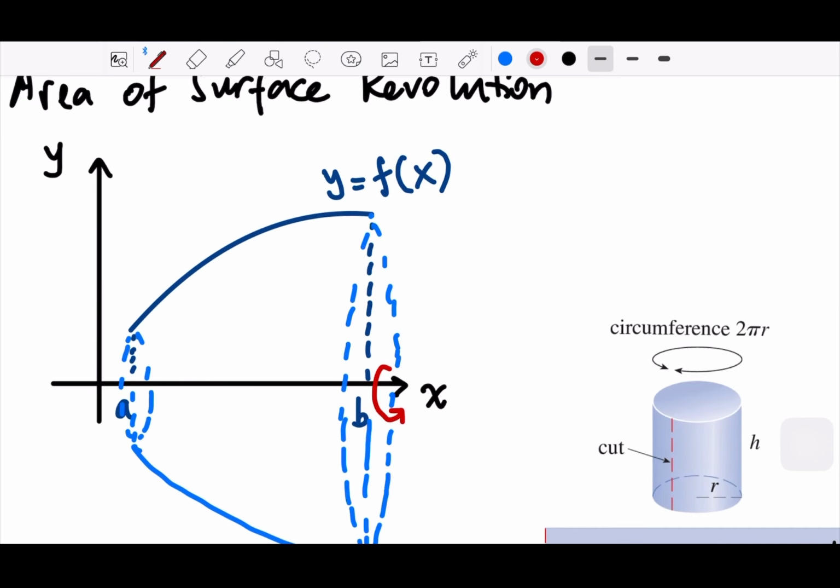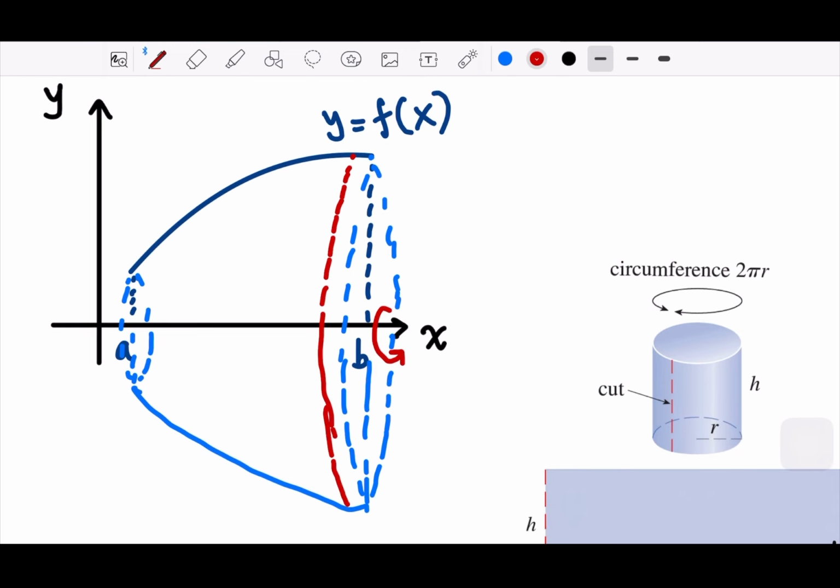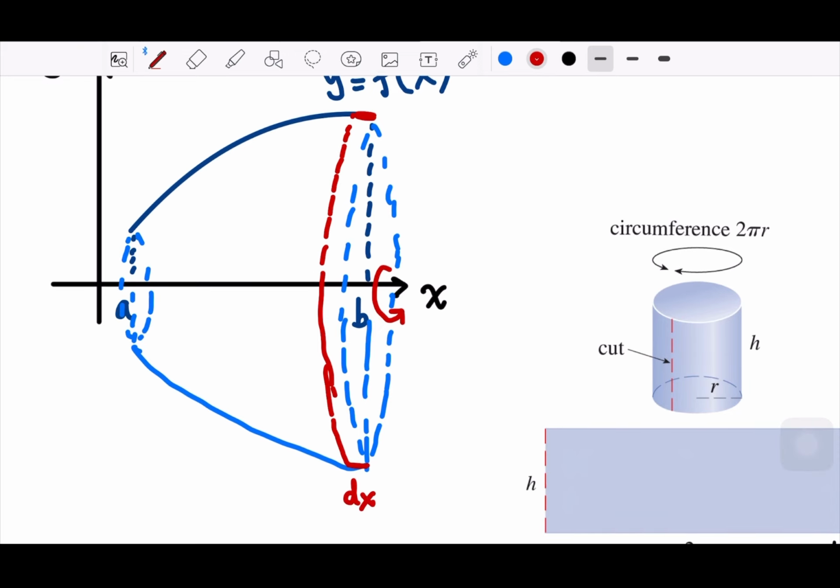So we slice this, and suppose that we have this small segment. You could imagine that this is like a cake, or some fruit that is symmetrical, and you slice it up. There will be some small distance here. Let's say this is x because it's on the x-axis, and we have the radius here, right? So it's just a geometric perspective.